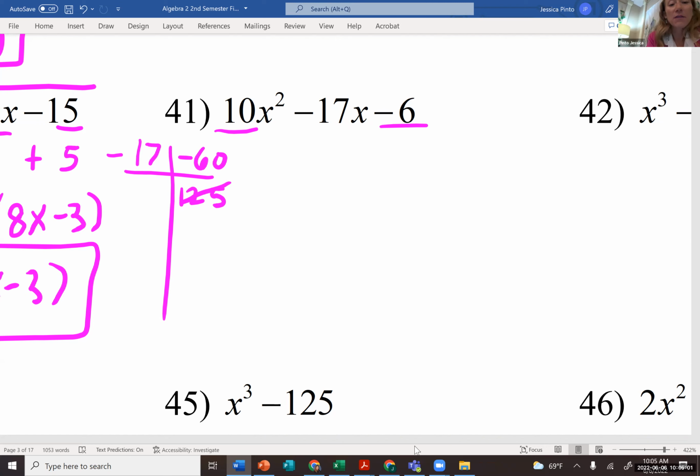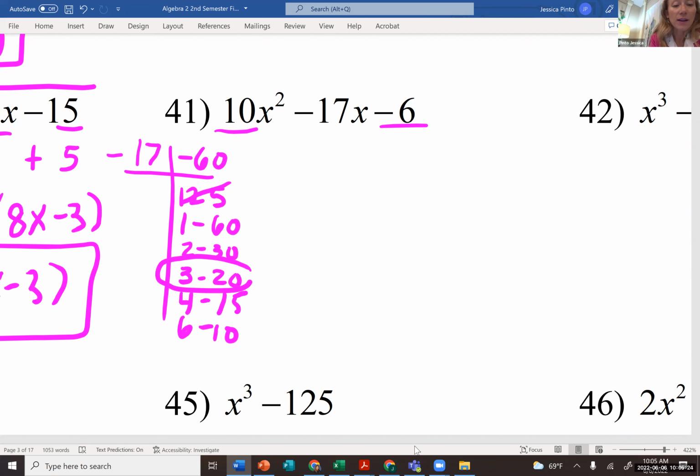So I think of 1 and 60, 2 and 30, 3 and 20, 4 and 15, 5 and 12, 6 and 10. Okay, so I'm looking for the combination where when I subtract them, oh, here it is.